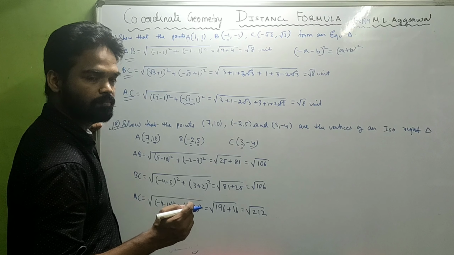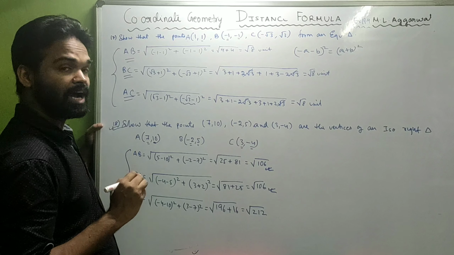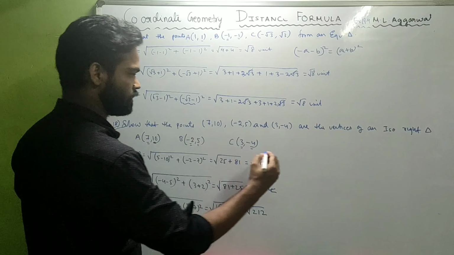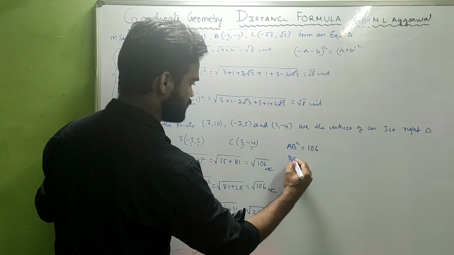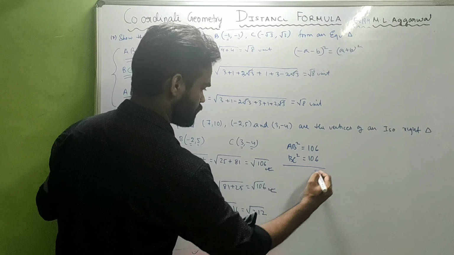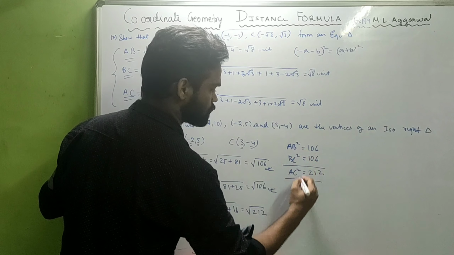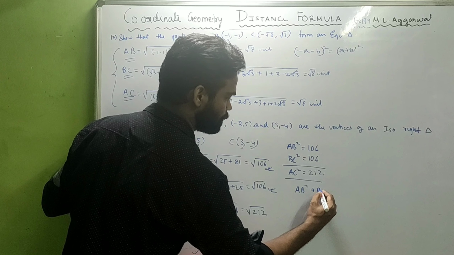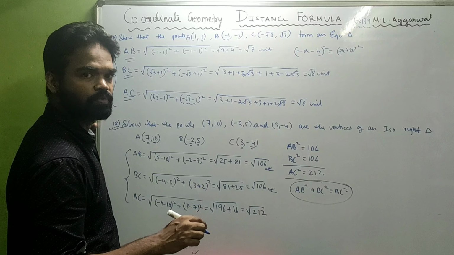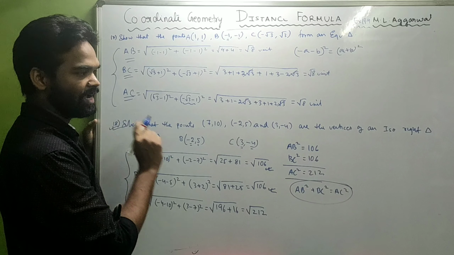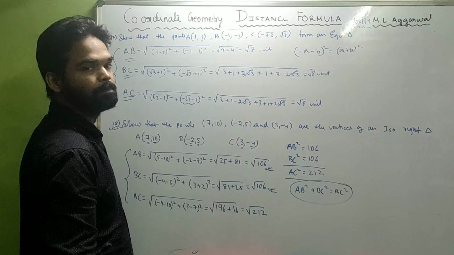Yeah, 212. Now see, two sides are equal, which means it's an isosceles triangle. And now look carefully. AB square is 106, BC square is 106, and AC square is 212. So clearly AB square plus BC square is AC square, which means the Pythagorean theorem holds over here, which means it's an isosceles right triangle where AC is your hypotenuse, right angled at B.